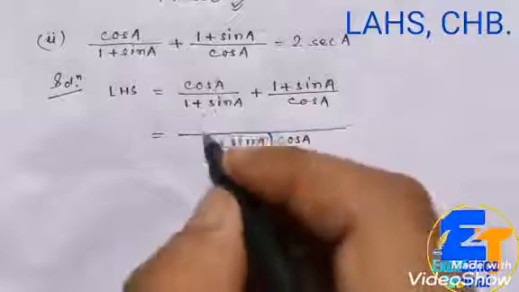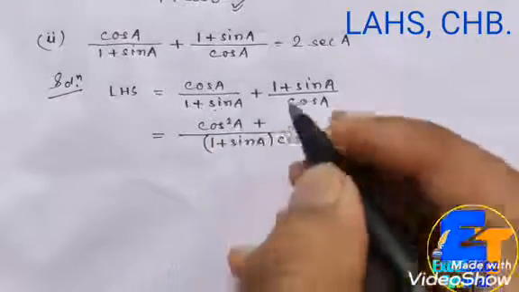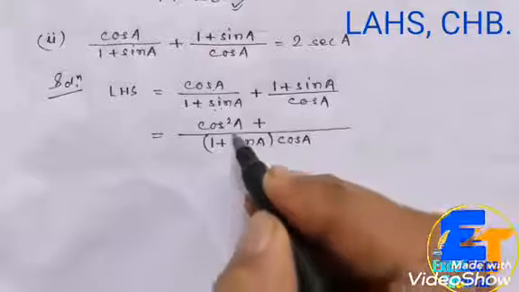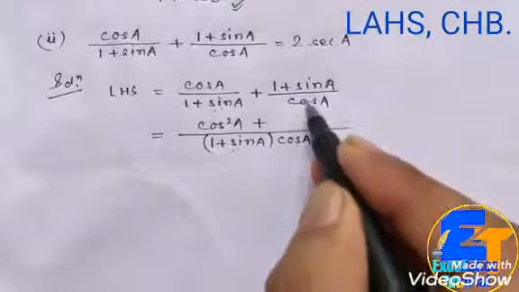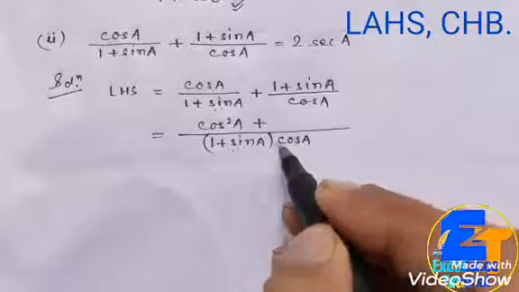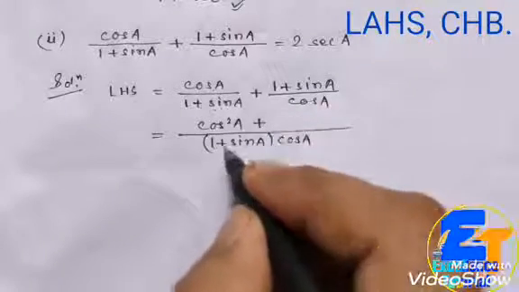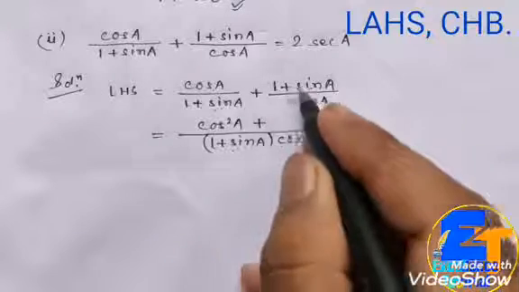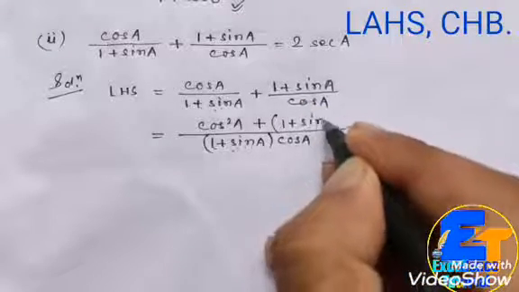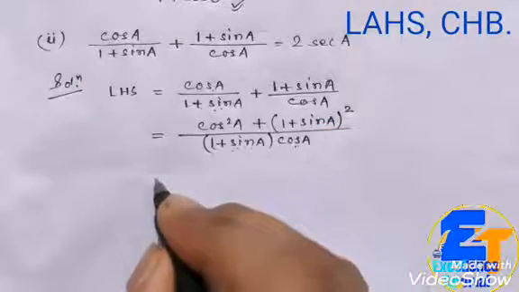Cos A into cos A, it will become cos square A. And the same way, in this step we are again going to divide the LCM by this denominator. In that circumstance, cos A will get cancelled. 1 plus sin A into 1 plus sin A. Remember, 1 plus sin A into 1 plus sin A will become 1 plus sin A whole square.